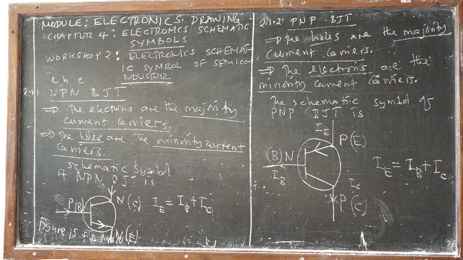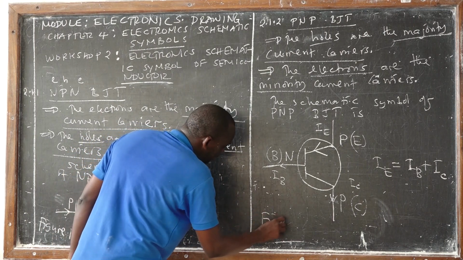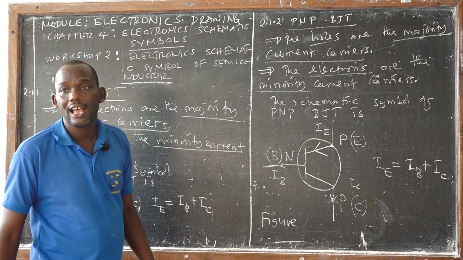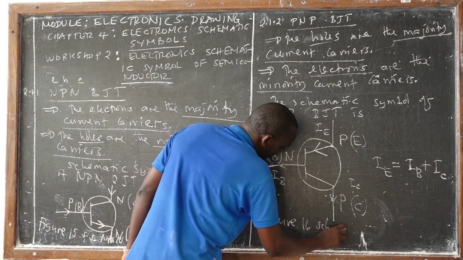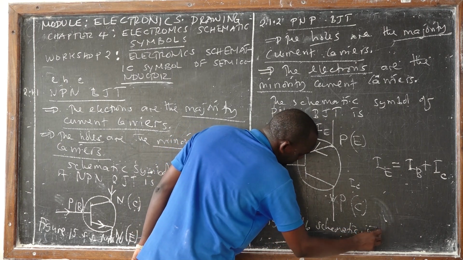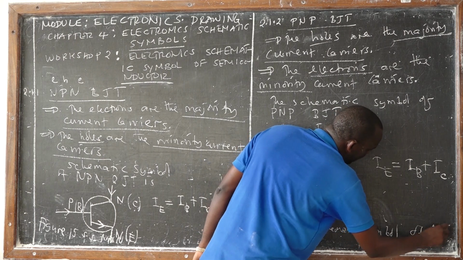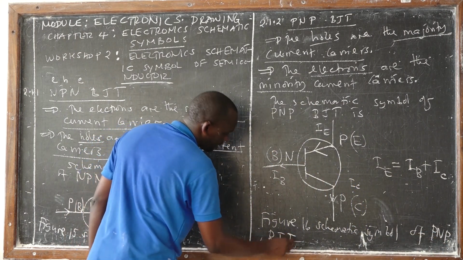Are we together? Okay. So this is figure what, Priscilla? This is figure number 16: schematic symbol of PNP bipolar junction transistor.